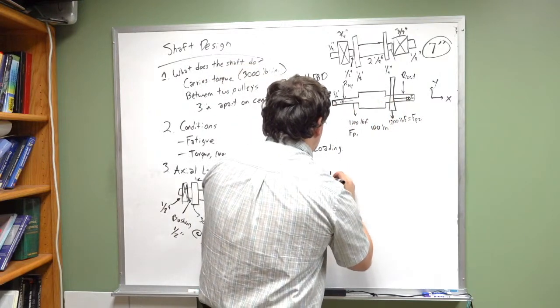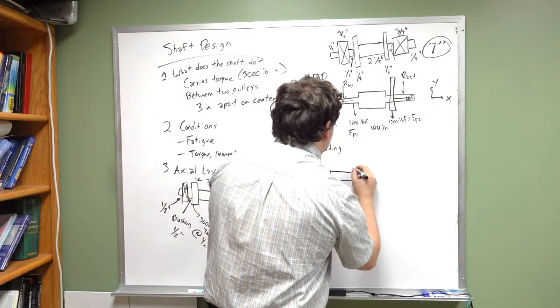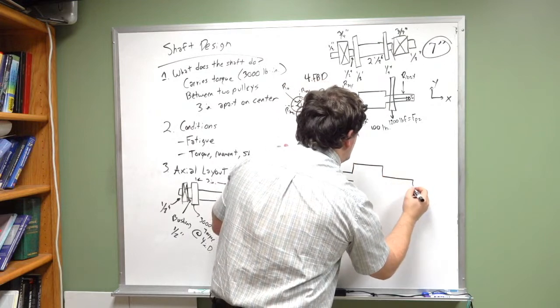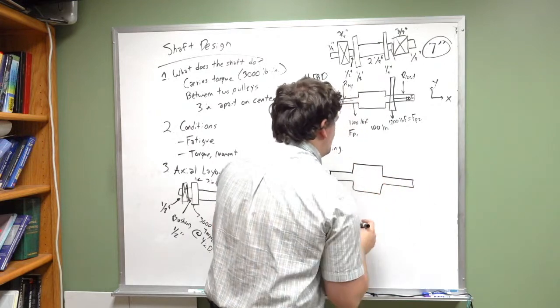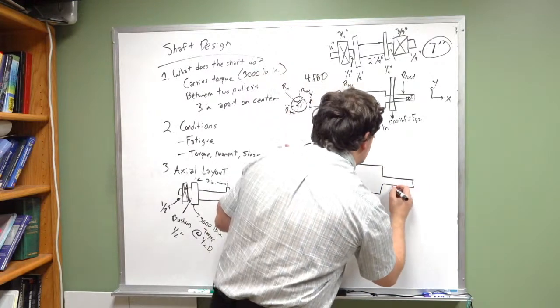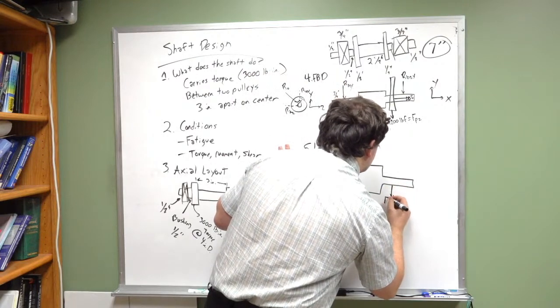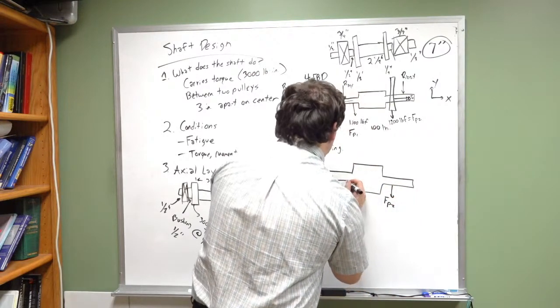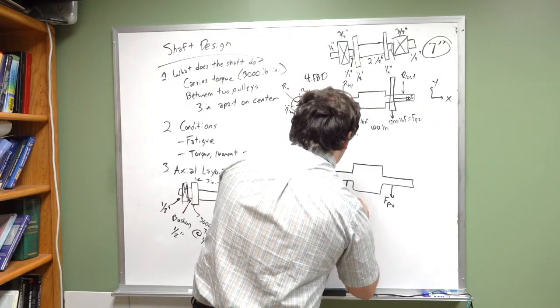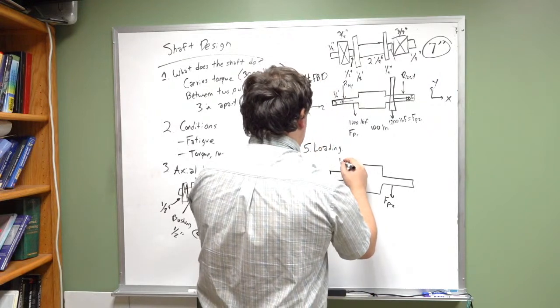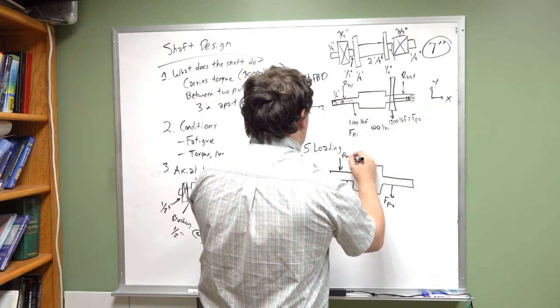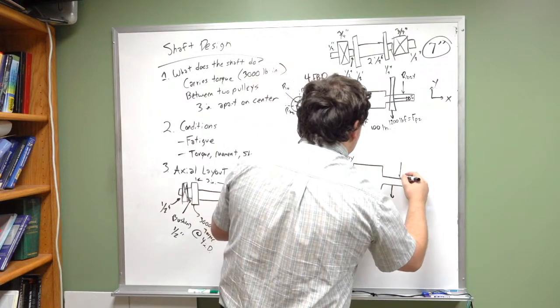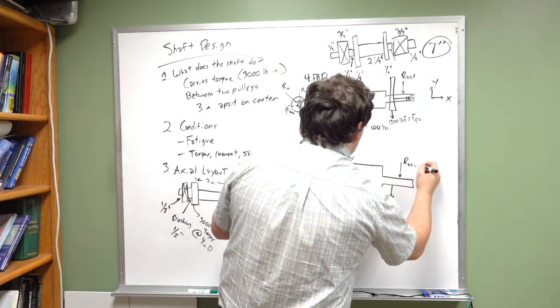Okay, so drawing this again. I don't know what the step shaft in the middle is going to be. This is FP2. This is FP1. The way we drew it was RB1Y and RB2Y.